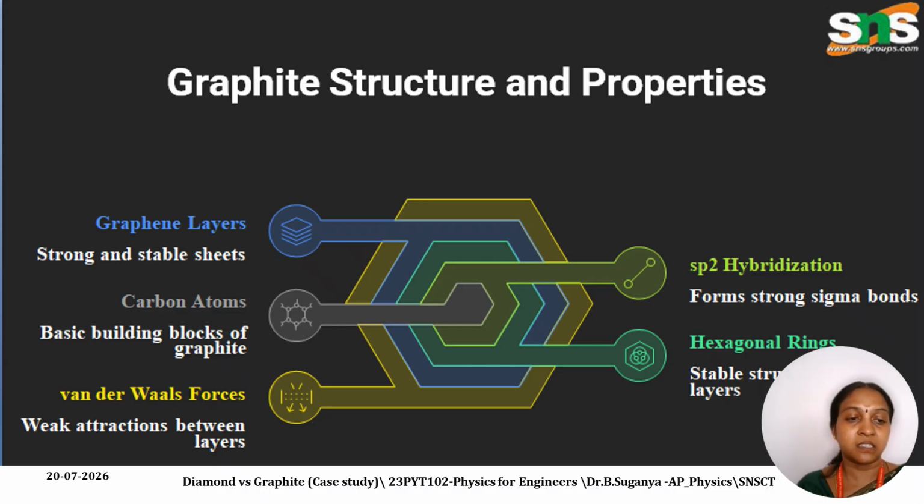The layer structure also makes graphite soft, while diamond's 3D network makes it hard. So graphite is a soft material and diamond is a very hard material. The strong, stable sheets have sp2 hybridization.